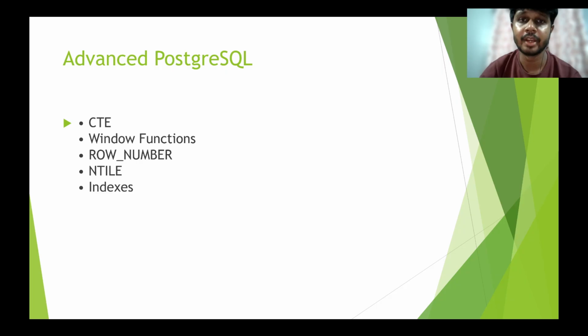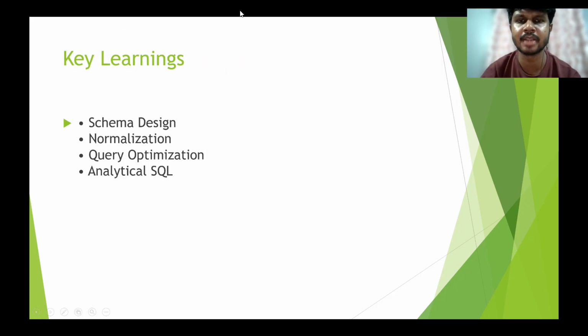And the next slide is about advanced PostgreSQL. In this I did CTE, that is common table expression, window functions, row number, and NTILE, and how to optimize queries. Now let's move to the next slide.